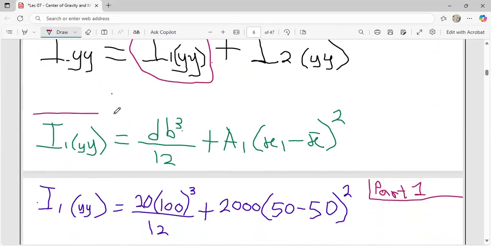So I could also put it somewhere here. Let me say part one. Yes, and that part one was in the form of this I.